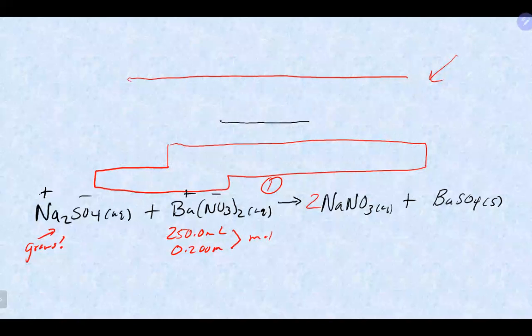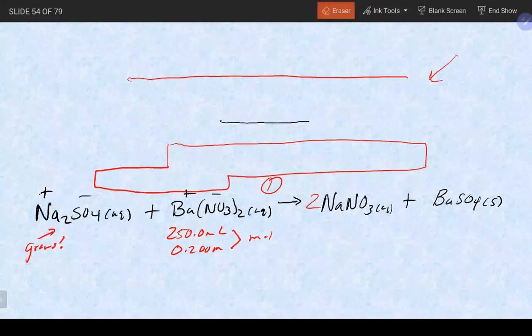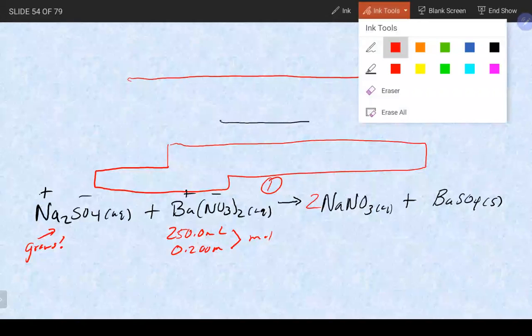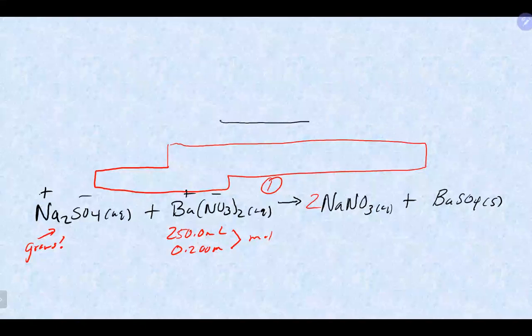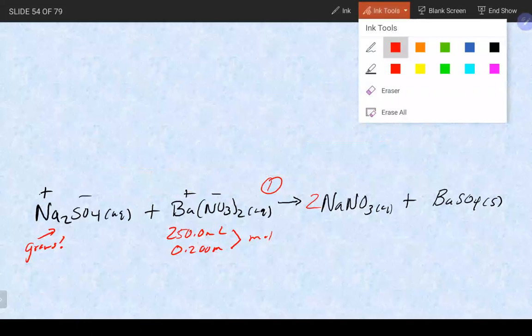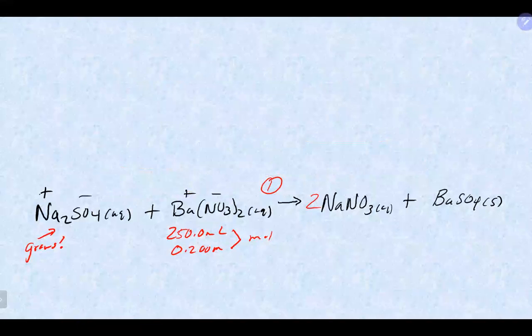So let me get rid of some of this and we'll come up here and do it. We're going to use the volume and the molarity to get to moles. So our moles of barium nitrate: molarity is moles per liter, which means moles would be liters times molarity.